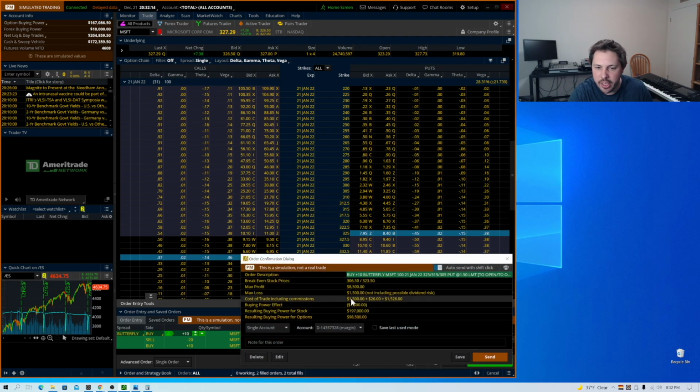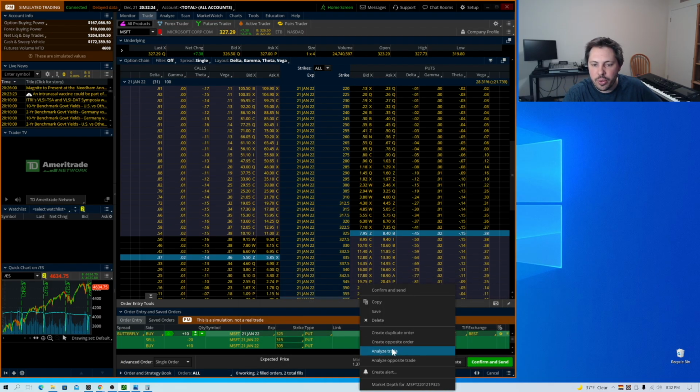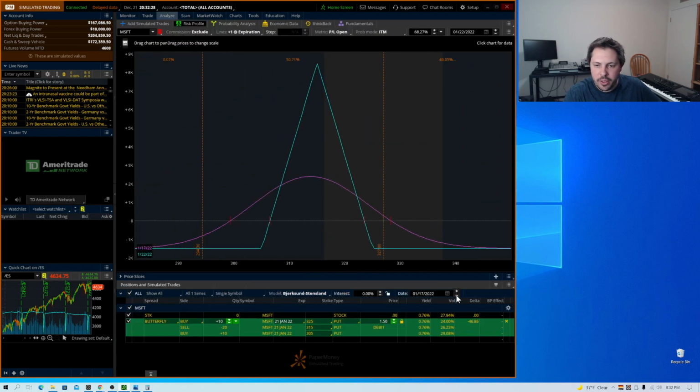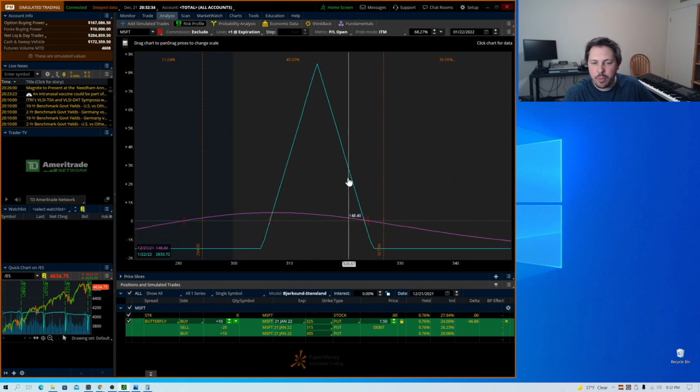What does this look like? So you're risking $1,526 to make $8,500 on this, right? So when we now look at placing a butterfly below the market, we're placing this put butterfly below the market, anticipating that Microsoft could fall inside of this butterfly.